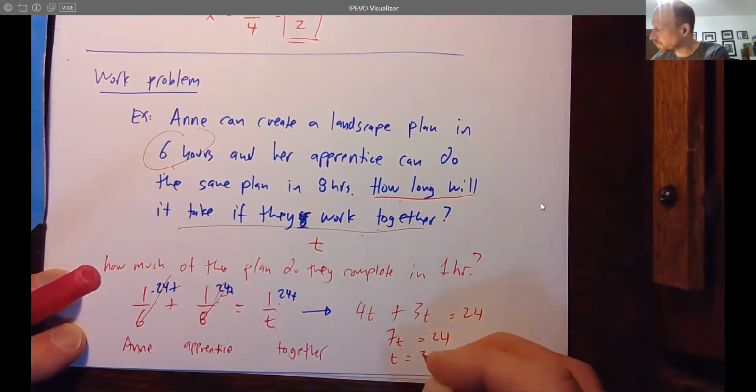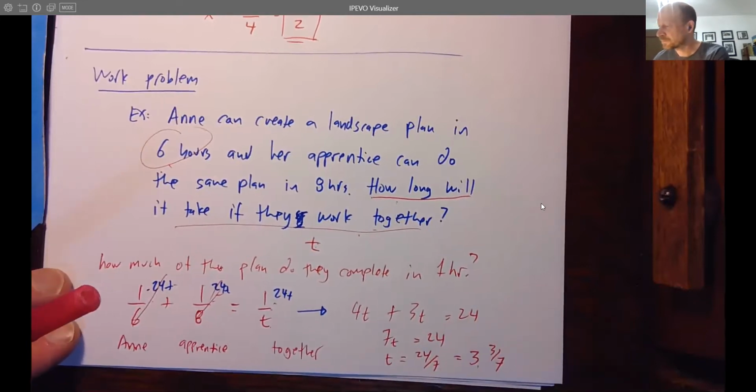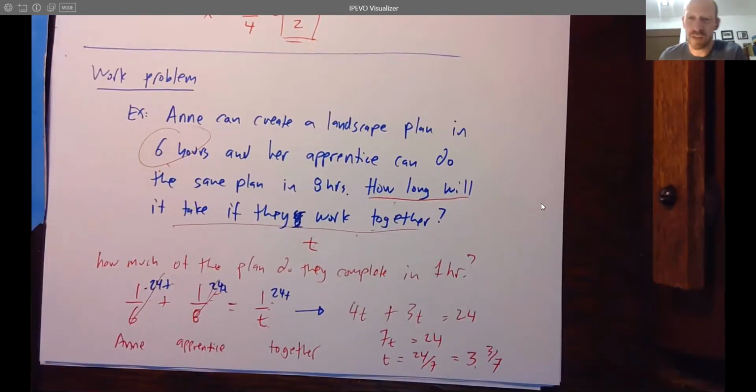So t equals 24 over 7, which is 3 3/7. Right, and based off of our estimate before, that is a reasonable number, right? I thought it should be somewhere between 3 and 4, and this is certainly between 3 and 4.